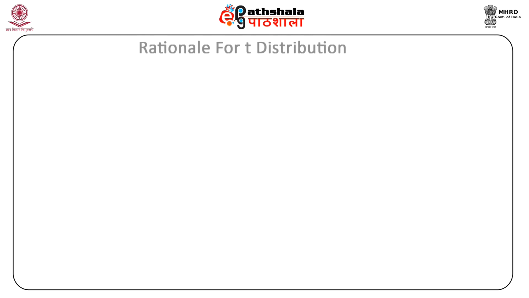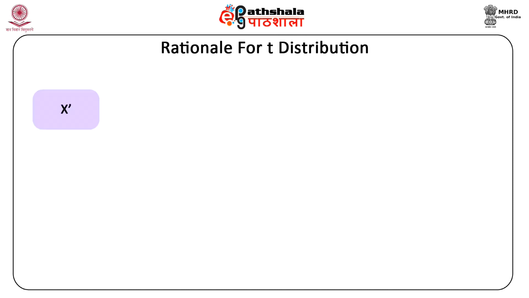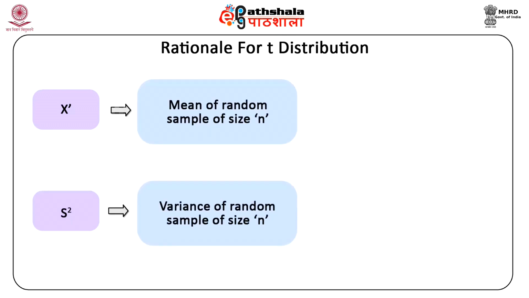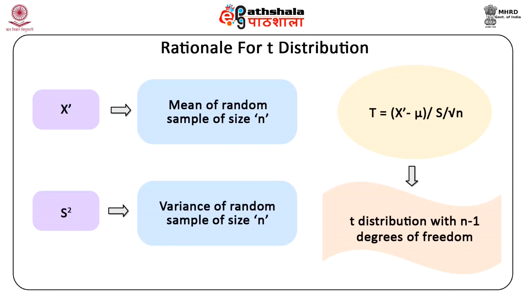Let us now look at the rationale for the t distribution. Based on the theorems learnt, we can conclude the following. If x prime and s square are the mean and variance of a random sample of size n from a normal population with mean mu and variance sigma square, then t is equal to x prime minus mu slash s slash square root n, which has a t distribution with n minus 1 degrees of freedom.